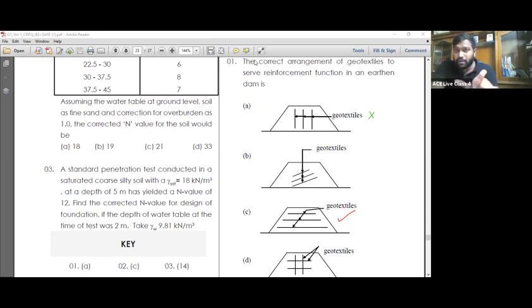If they had given foundations on expansive soils, as in some state service examinations, that chapter is there. But for you, you don't require it. If you ask me, I'll show you some things. First, let me complete this.